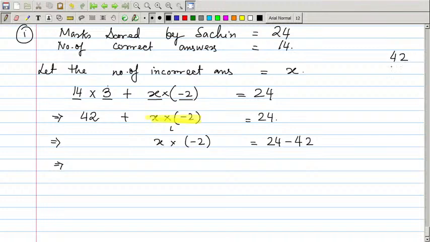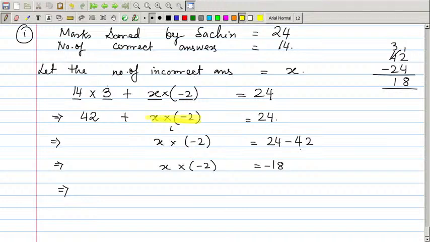So I can do the subtraction in the rough column. So here you have x into minus 2 is equal to minus 18. Will not this be minus? Because you are subtracting a larger number from a smaller number. So we subtract the magnitudes and put the sign of the larger number. So now I want x.